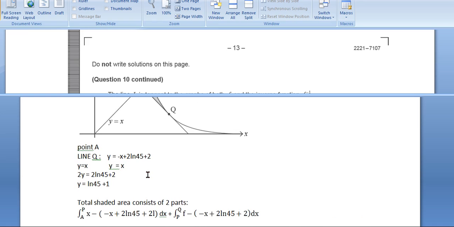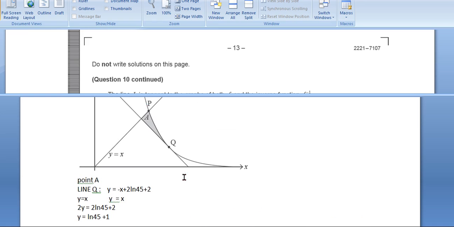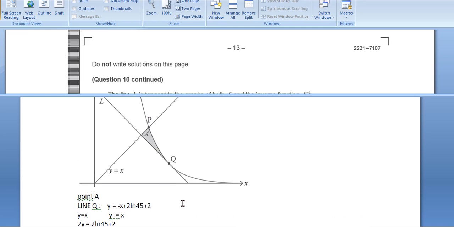Total area consists of two parts. One part is from A to P, another part is from P to Q.